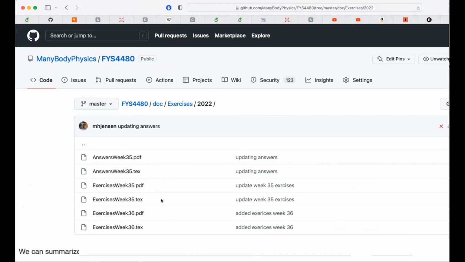And if you want to use a text file as a kind of background for your own editing of the exercises, feel free to use these LaTeX files, if you're familiar with LaTeX as a mathematical typesetting program. Any questions about practicalities? I will always post the answers to the exercises so you can look them up again, and if you didn't have time to go through the exercises, you can always look them up here.